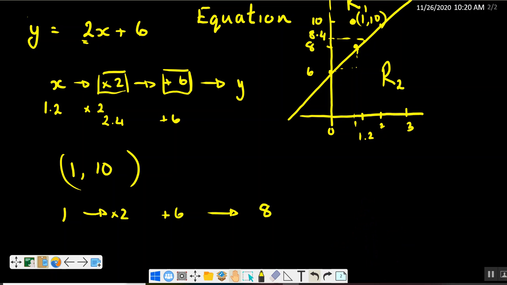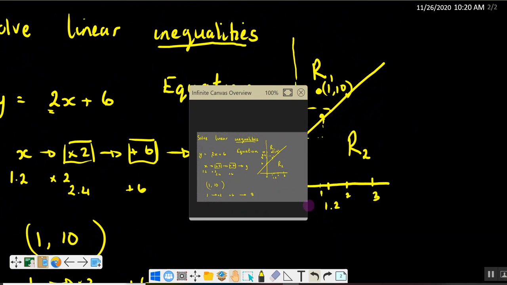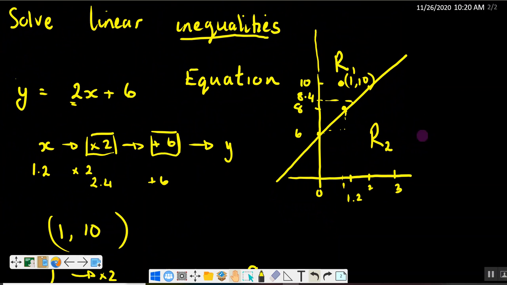Is that what you're going to say, Steph? Yeah, I figured that out as soon as I understood. Exactly. So in this region, region 1, how many coordinates? Infinite. How many coordinates on the line? Infinite. How many coordinates under the line? Infinite. It's good that we've got 3 lots of infinite. Which infinite's bigger?